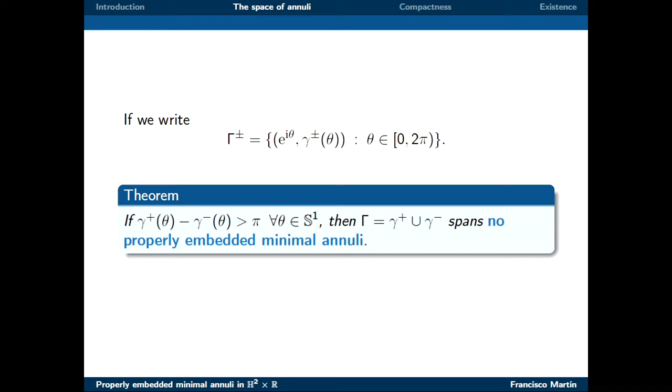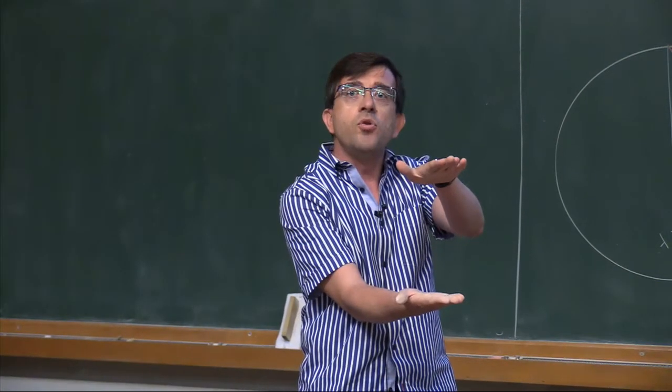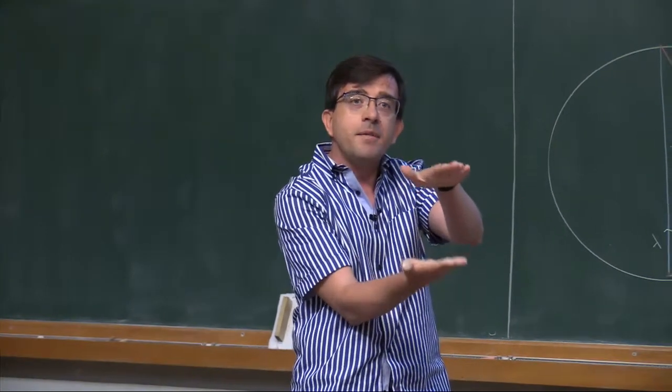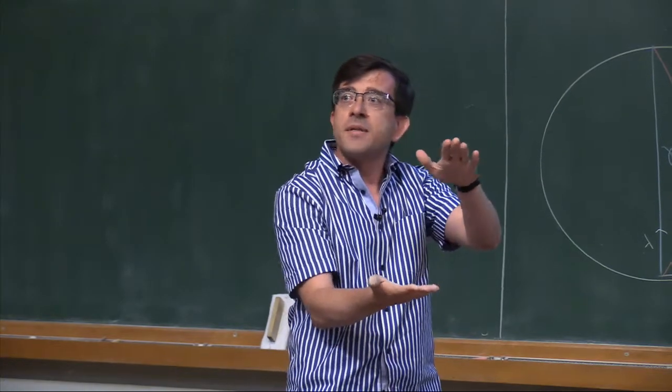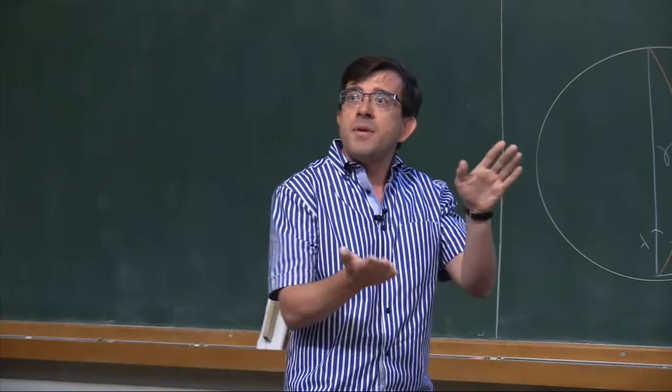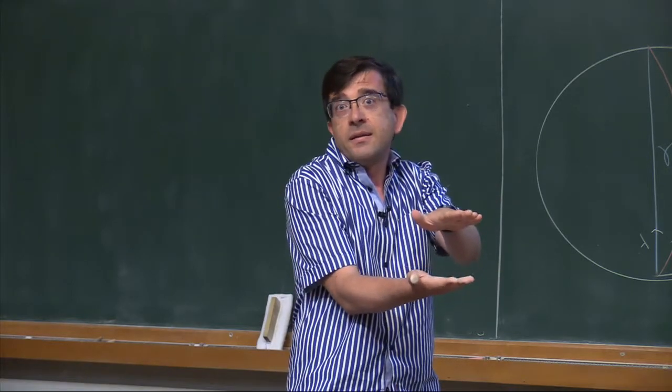But it's even worse because, in general, when you start with a pair of curves and you separate them too much, and this too much is precisely pi, you don't have an example, which in some sense mimics the behavior of the curves in Euclidean space.